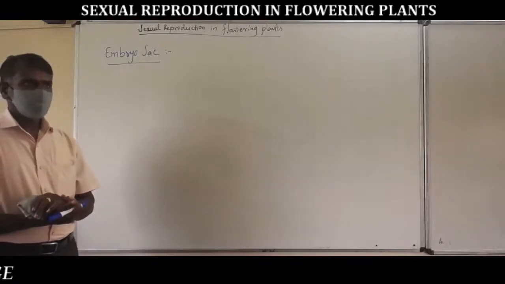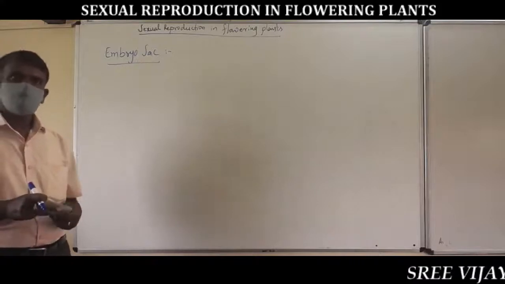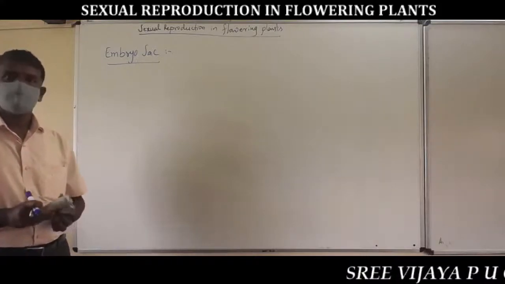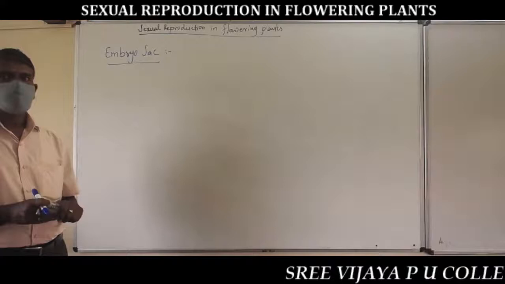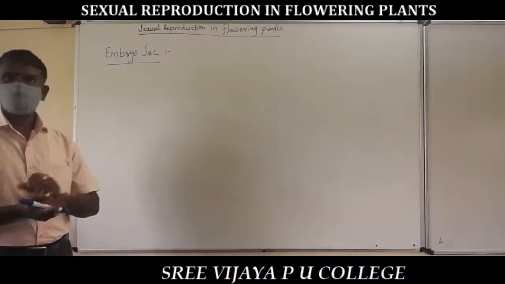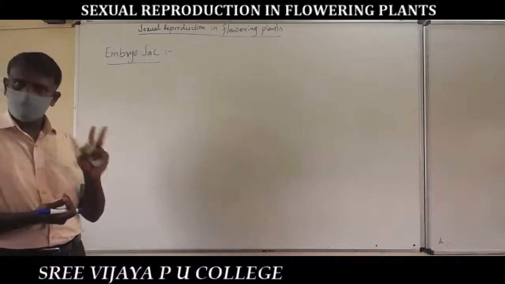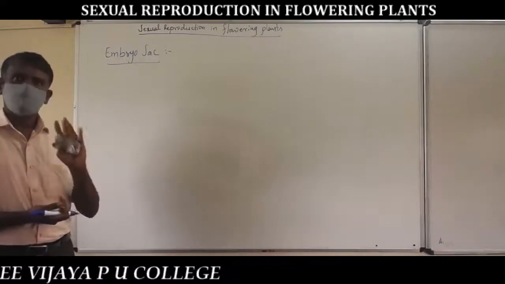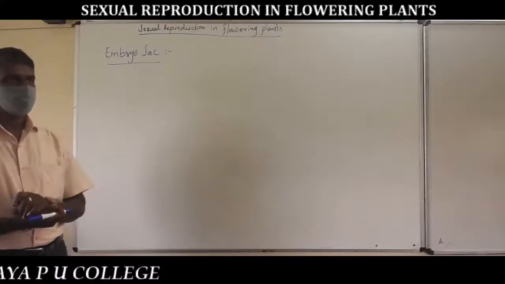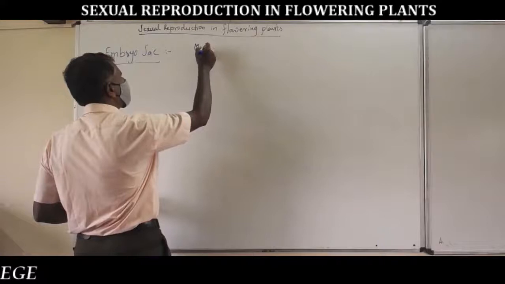Here the embryo sac leads to formation by either a single megaspore, 2 megaspores or 4 megaspores. That is nothing but megasporogenesis.